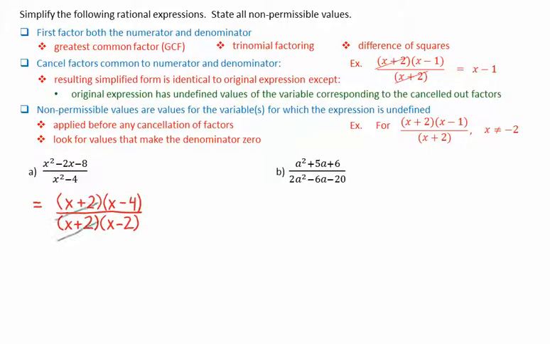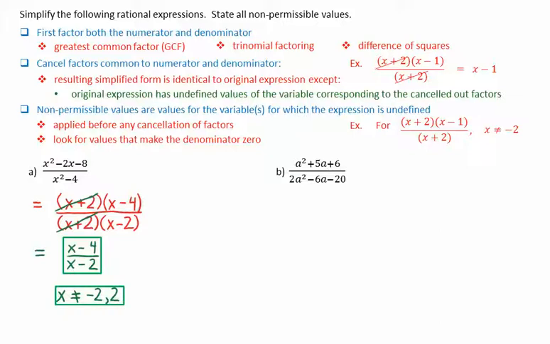We cancel that out. Then the final result is x minus 4 over x minus 2. For the non-permissible values, we look to what we had before we canceled out the x plus 2. This means that x cannot be negative 2 or positive 2.